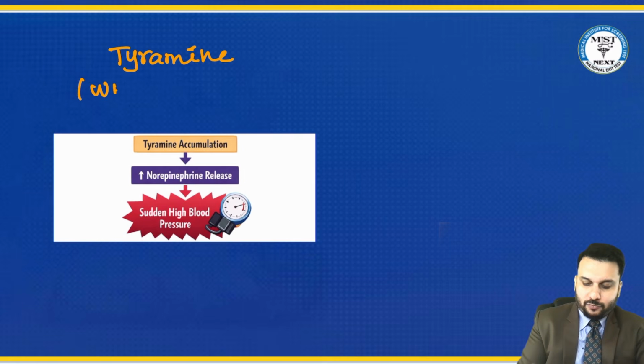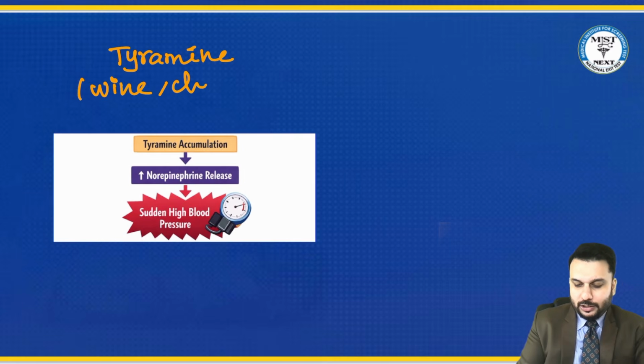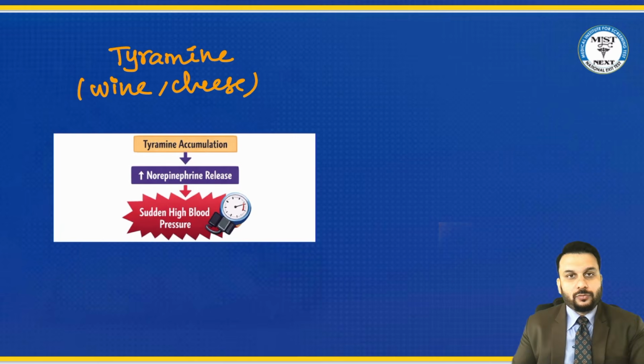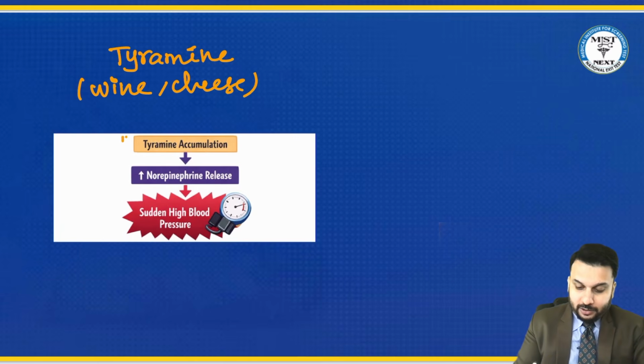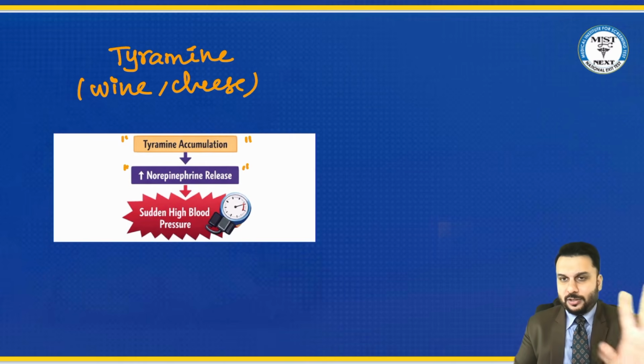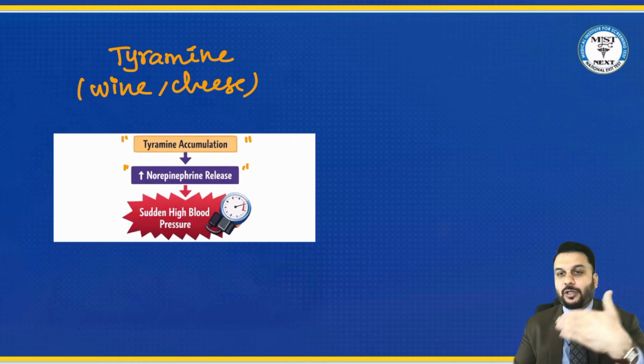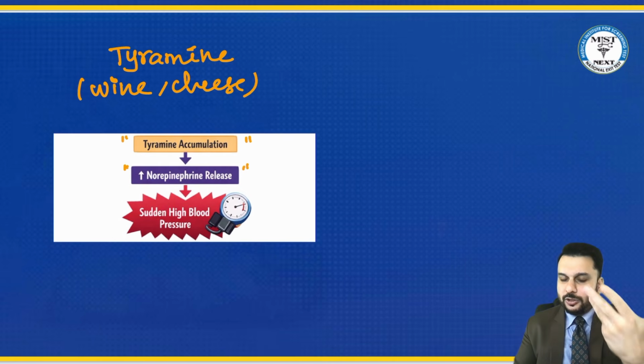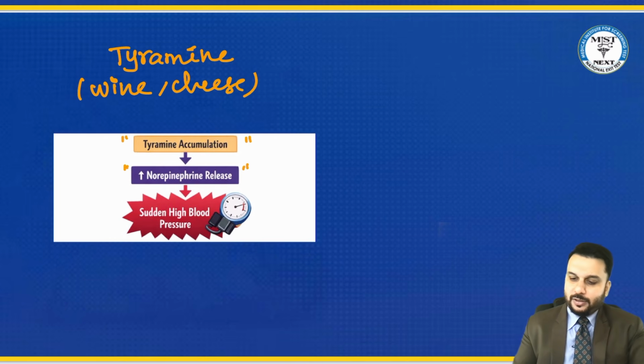Tyramine is present in foods like wine, cheese, etc. So, if tyramine increases in the body, it makes you release more noradrenaline, and noradrenaline will increase BP. In simple language, if there is more tyramine, there is more BP. More tyramine, more BP. So every time we drink wine or eat cheese, why isn't our BP increasing?